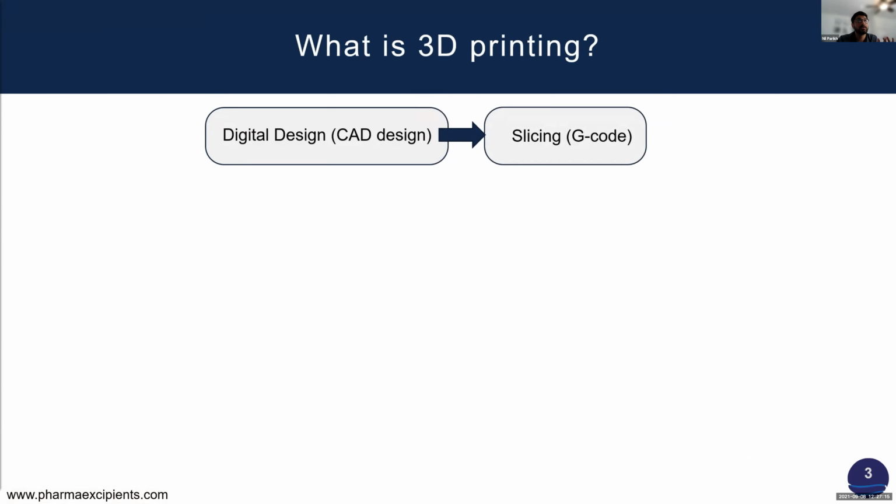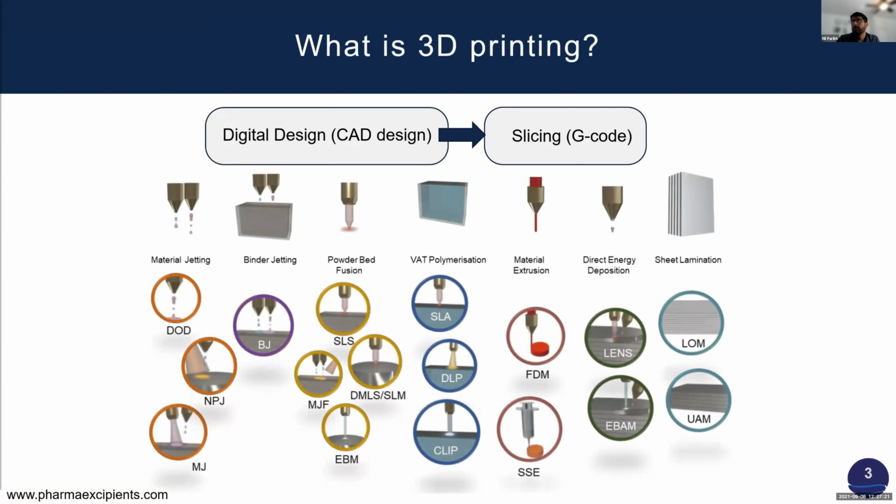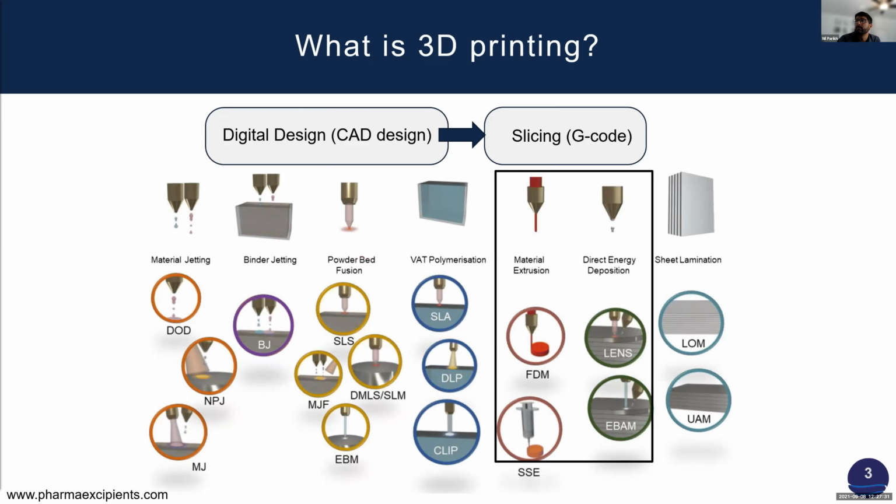The gantry moves around and allows fabrication of the part. Once that's created, there's a large variety of 3D printing technologies that you could adopt in order to actually print this. But our focus is going to be primarily towards material extrusion as well as direct energy deposition for this talk.